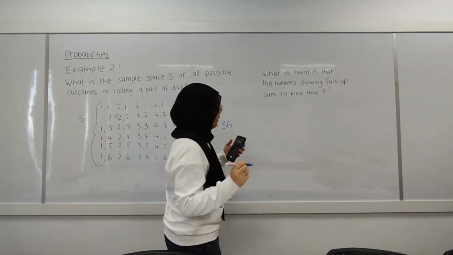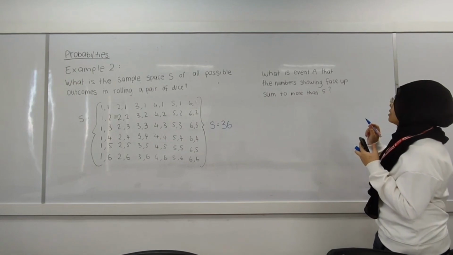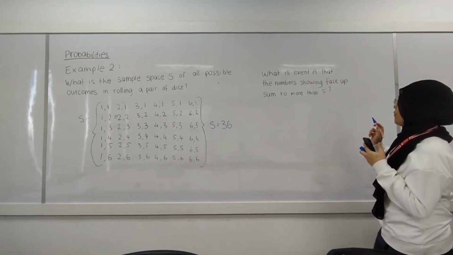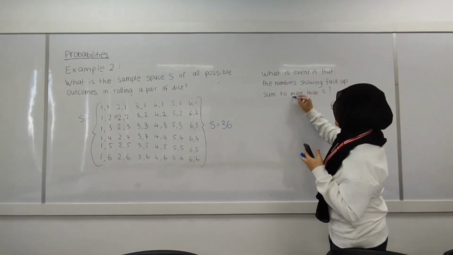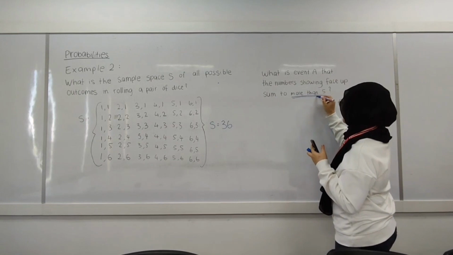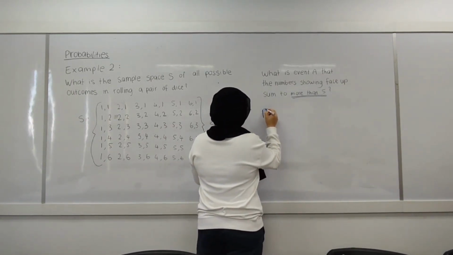So the next question is, what is the probability of event A, that the numbers showing face up sum to more than 5? More than 5. So this is the event, the event more than 5. We go back to the formula.